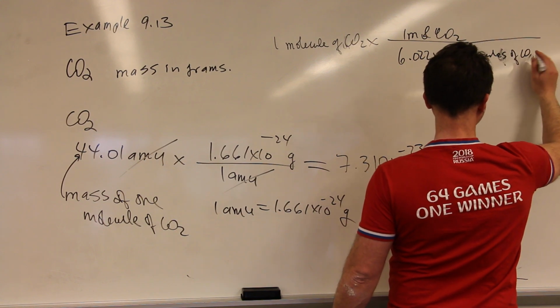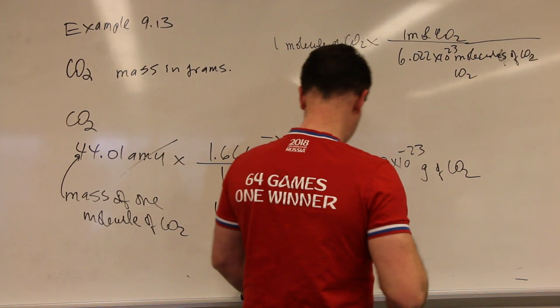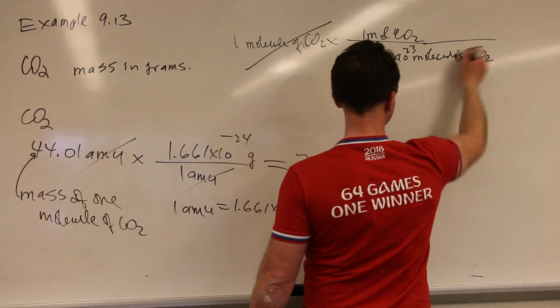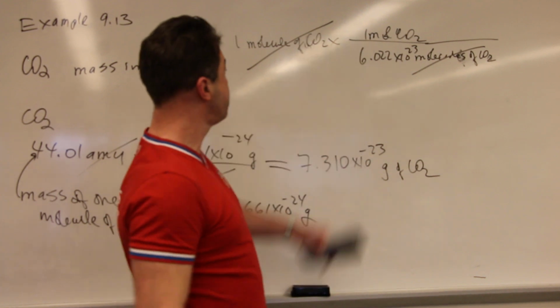I'm rushing a little bit, I should really slow down probably. Okay, and so what I'm going to do next is the molecules cancel out. So now I have the moles of CO2.